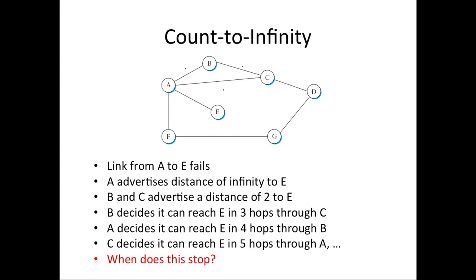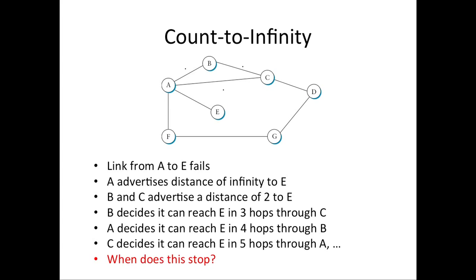A advertises distance in terms of some metric or cost, and everyone advertises in terms of hops. So A says, I'm 1 hop away from E. And based on that advertisement, B knows that it is 2 hops away.